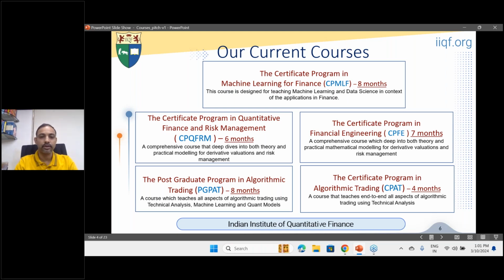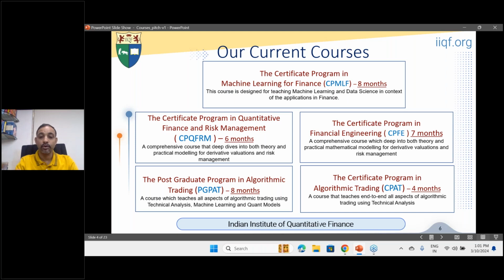So there are a couple of courses: certificate program in quantitative finance and risk management, which is a 6 months comprehensive course that deep dives into both theory and practical modeling for derivative valuation and risk management, where we teach in depth both the theoretical aspects of quant and risk, and more importantly, the actual model building in Python.